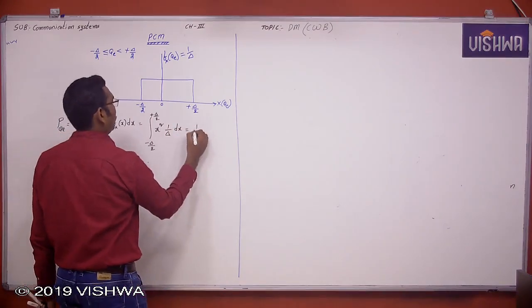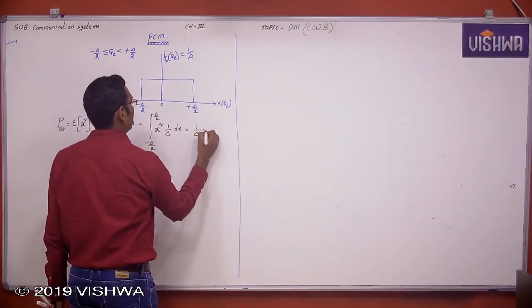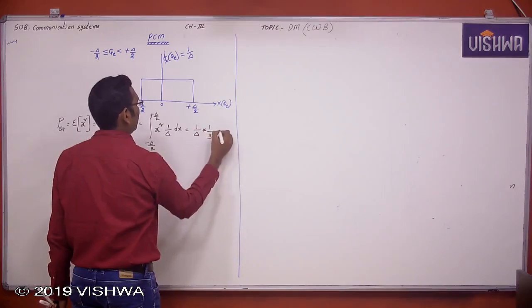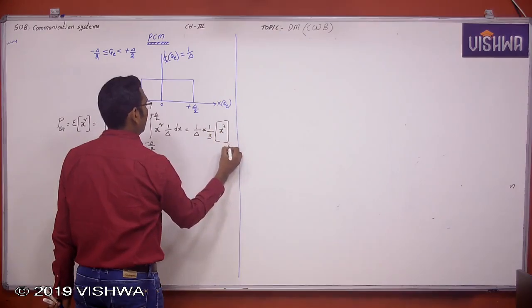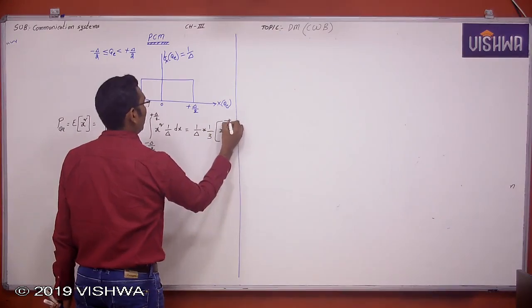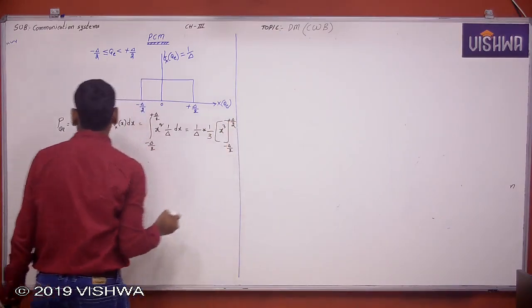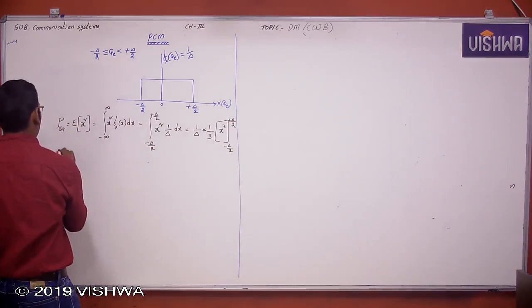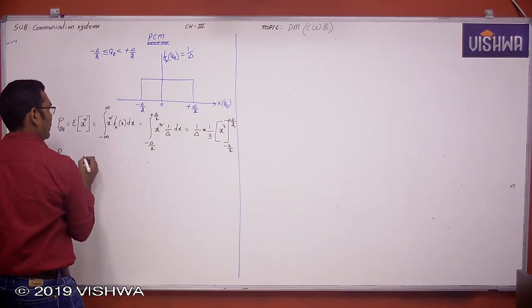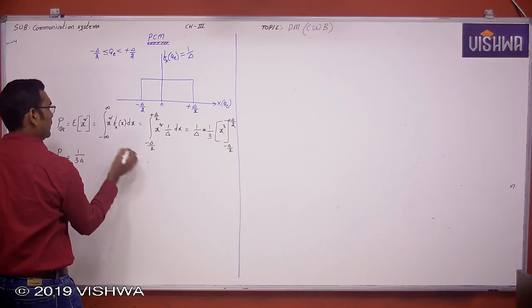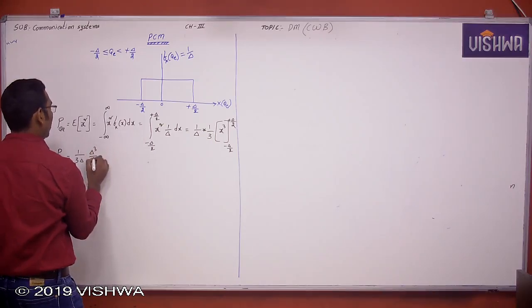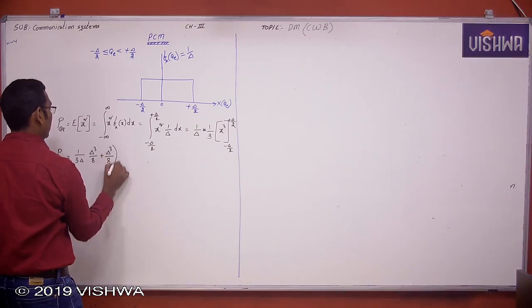Therefore 1 by delta times x cube by 3 over the limits minus delta by 2 to plus delta by 2. Therefore the quantization noise power, or quantization error power, is equal to 1 by 3 delta into (delta cube by 8 minus minus plus delta cube by 8).